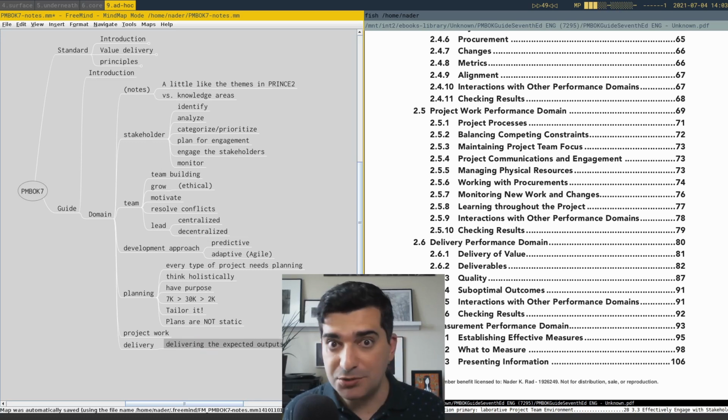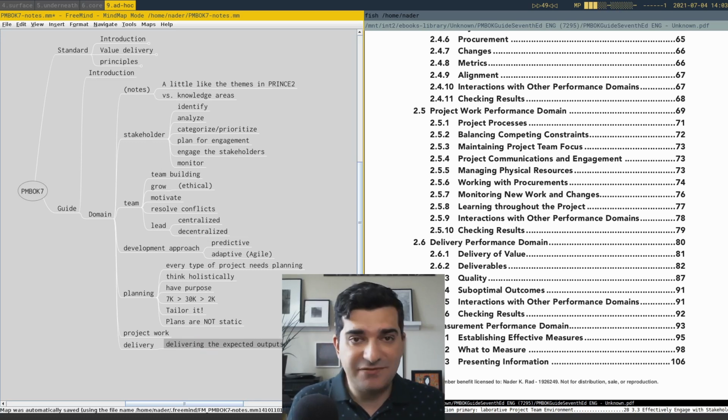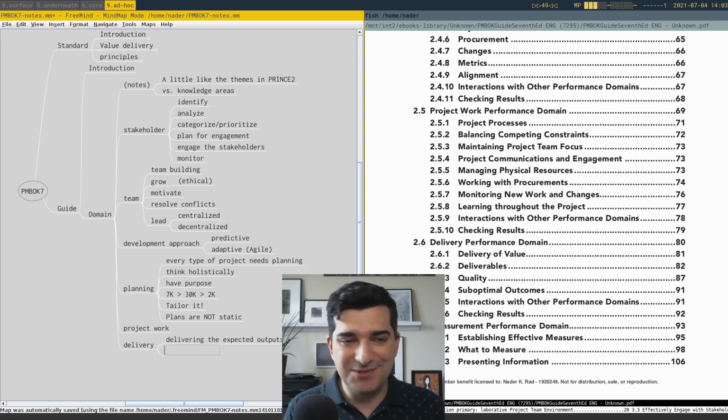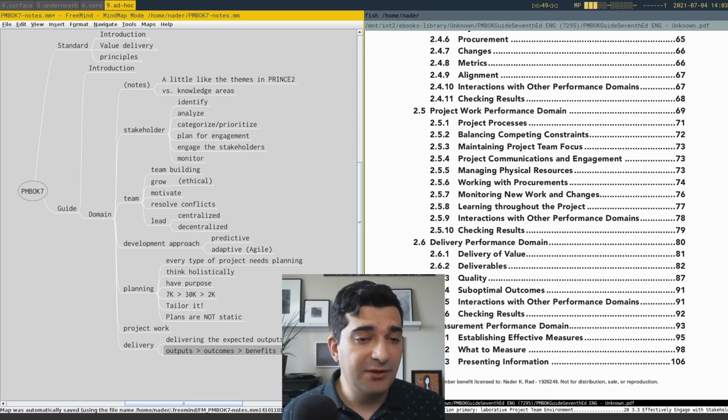So we do also think about the outputs. Of course, we have to. It's about the project. So remember, we had this conversation about the outputs that create outcomes, that create benefits or value, in other words. We have to do a lot here in this domain.